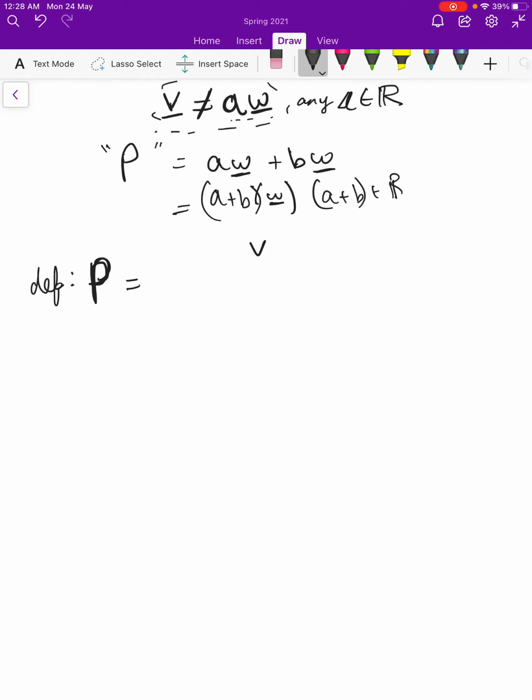We're going to have v, w, and t, which are in Rn. We're also going to define a and b and r. Now the plane equation is going to be t plus aw plus bv.